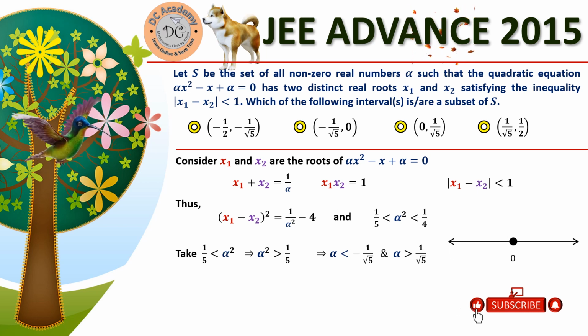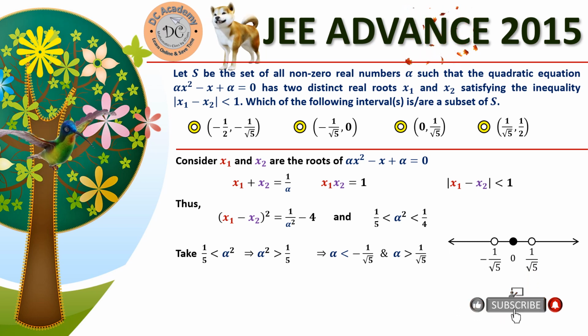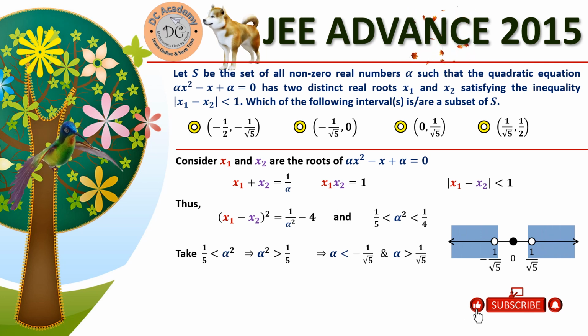If we consider a number line and mark the points minus 1 by root 5 and plus 1 by root 5, the shaded region represents where alpha square is greater than 1 by 5. Now we take alpha square less than 1 by 4.